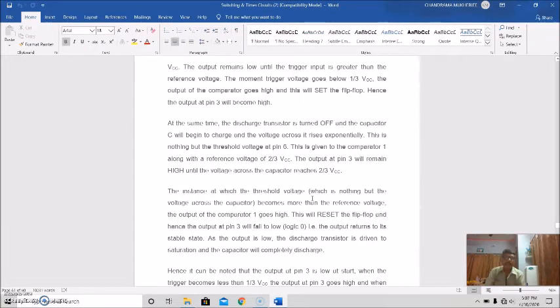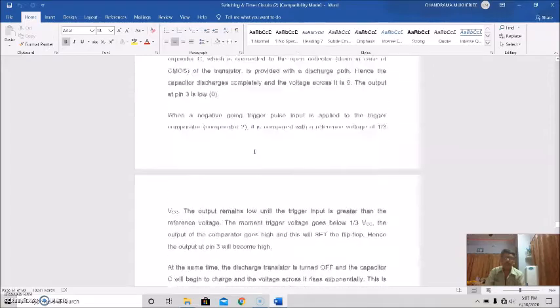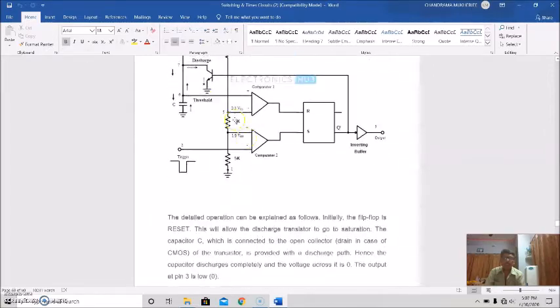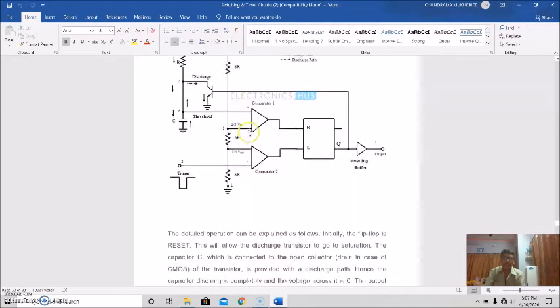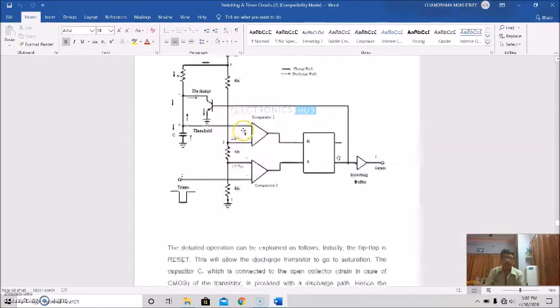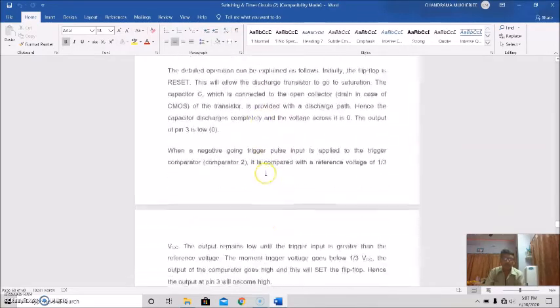This is given to comparator 1 along with a reference voltage of 2/3 VCC. This threshold voltage is compared with this 2/3 of VCC.